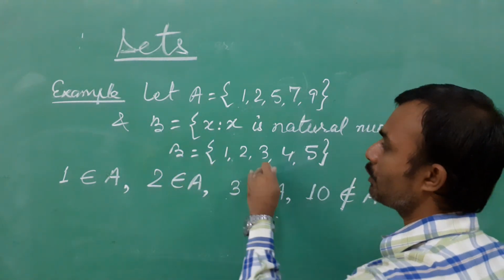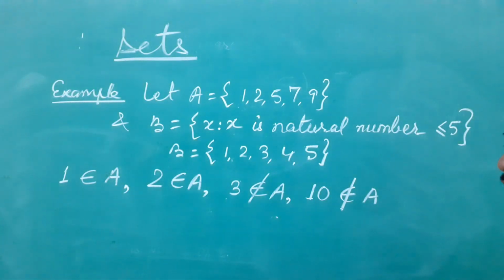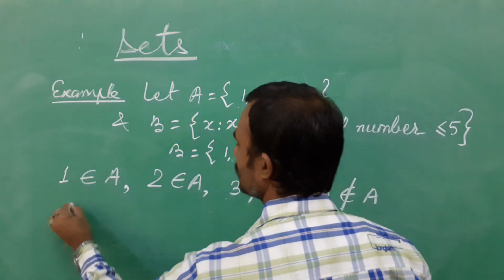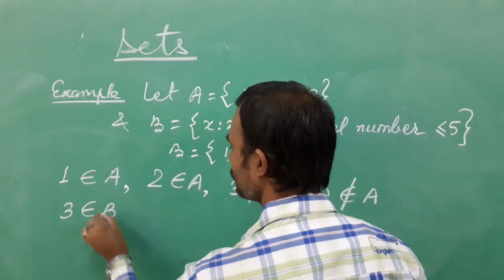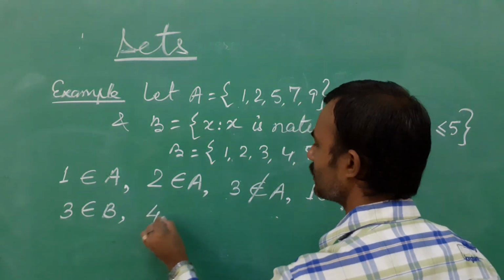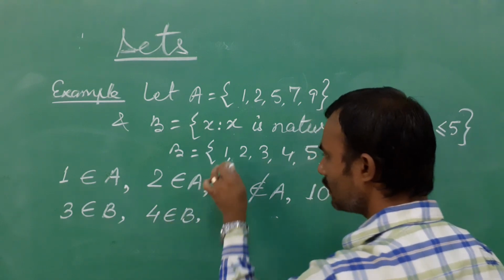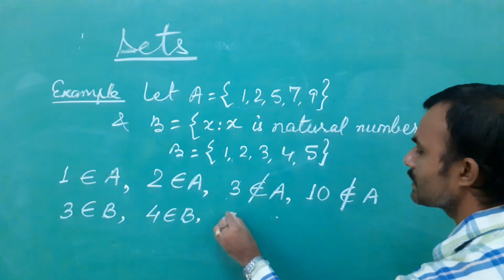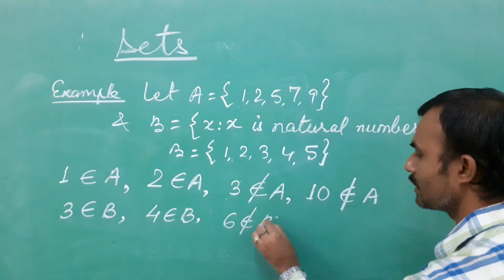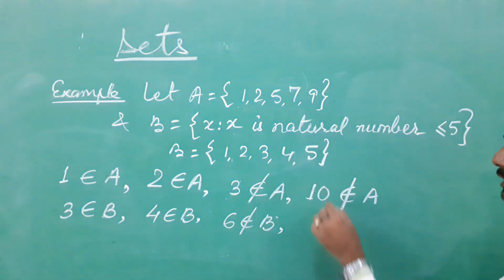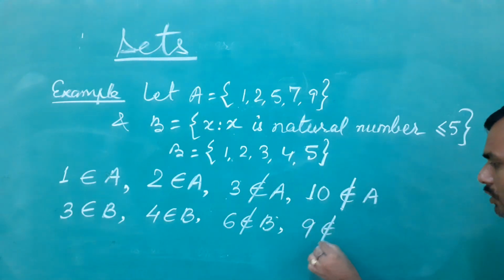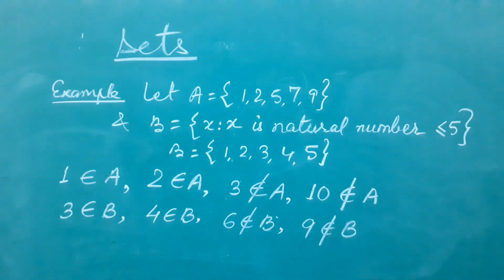Here 1, 2, 3, 4, 5 belong to set B, but 6 does not belong to B. So 2 belongs to set B, 4 also belongs to set B, 1 belongs to set B, 2 belongs to, 6 does not belong to set B, 10 also not, 9 does not belong to set B. So this is belongs to or not belongs to, based on whether it is an element or member in the collection or not.